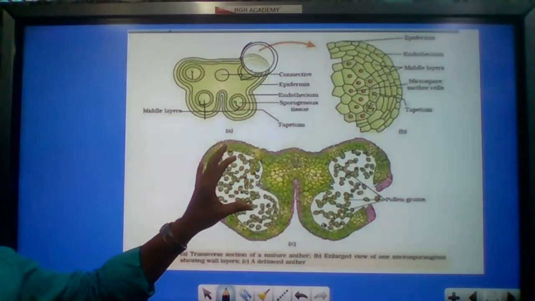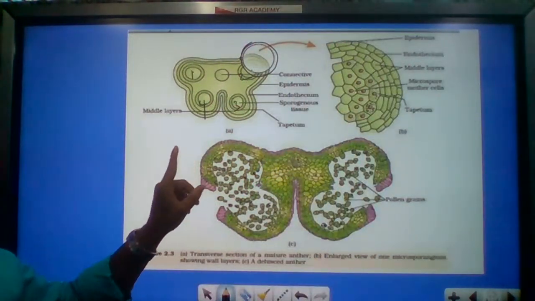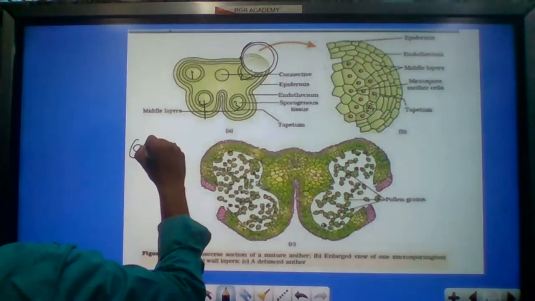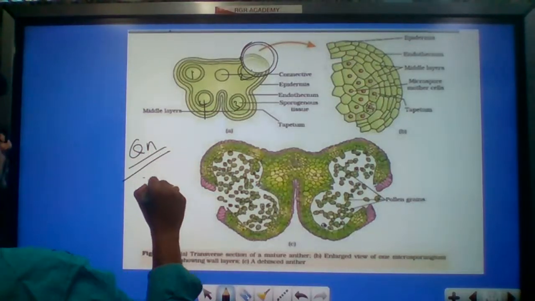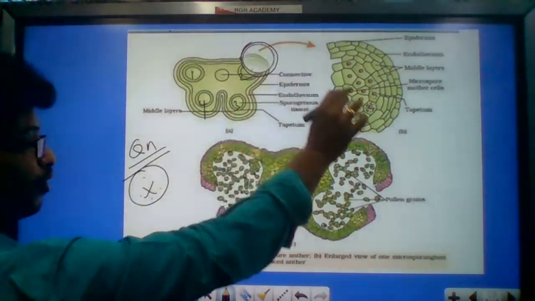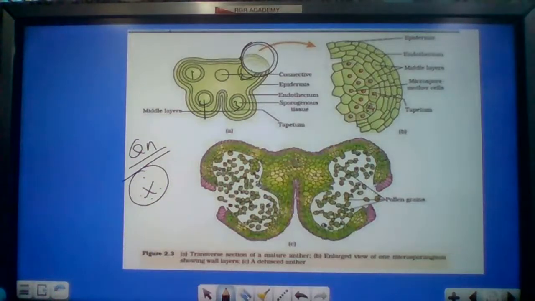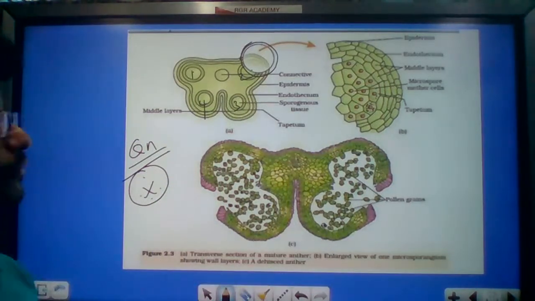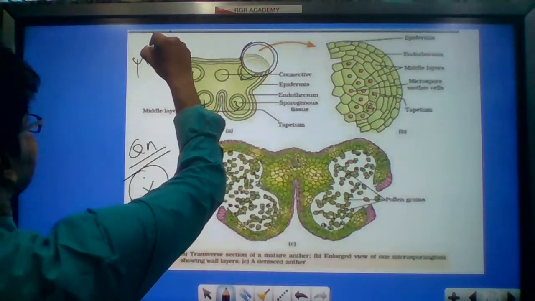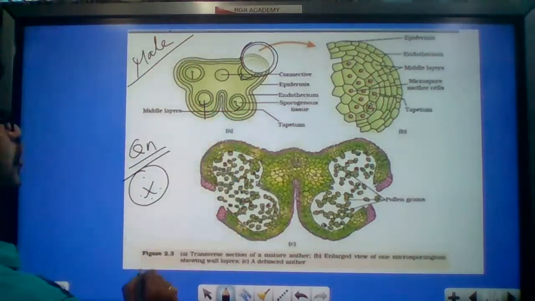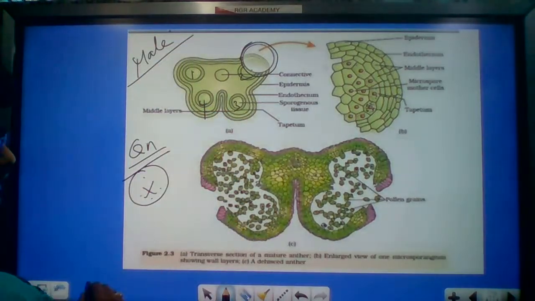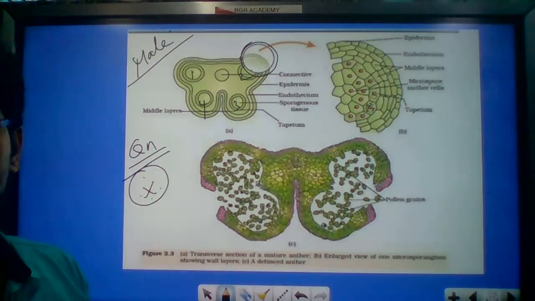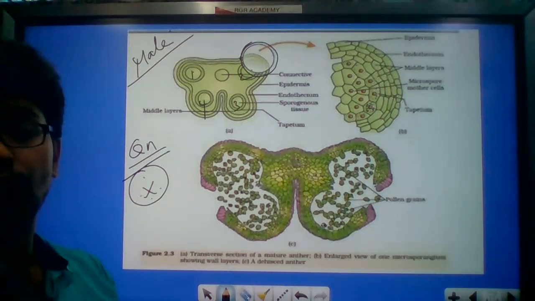This part is very important, you may get a question from it. This process we call microsporogenesis, which we're going to discuss now. This is for the male; we'll start the female a little later. Now we talk about the male, the microsporangium, which produces the microspores, that is, pollen grains.